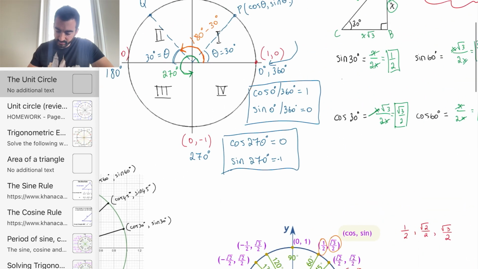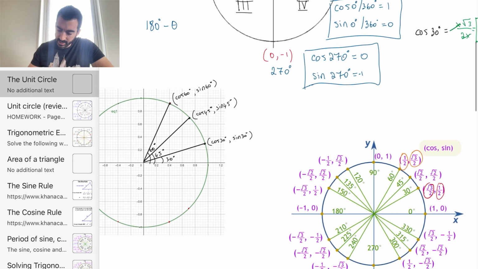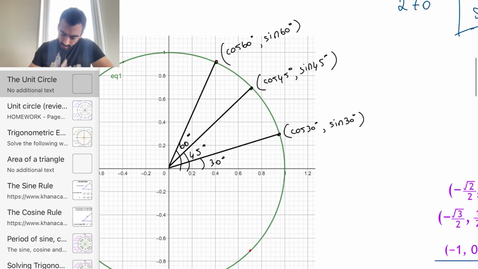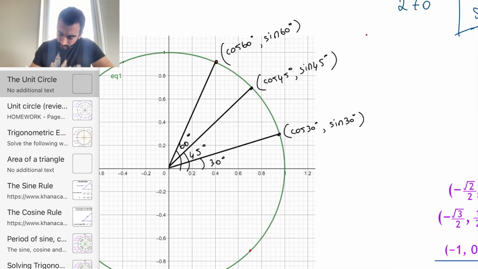So the cosine of 30 degrees is root 3 over 2 and the sine is a half. So here I have root 3 over 2 and sine 30 is a half. For cos 45, we found that it's root 2 over 2, and the sine 45 is the same, root 2 over 2.